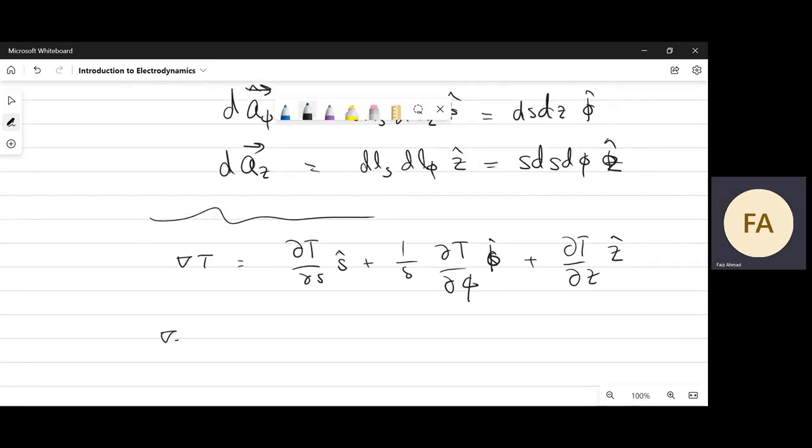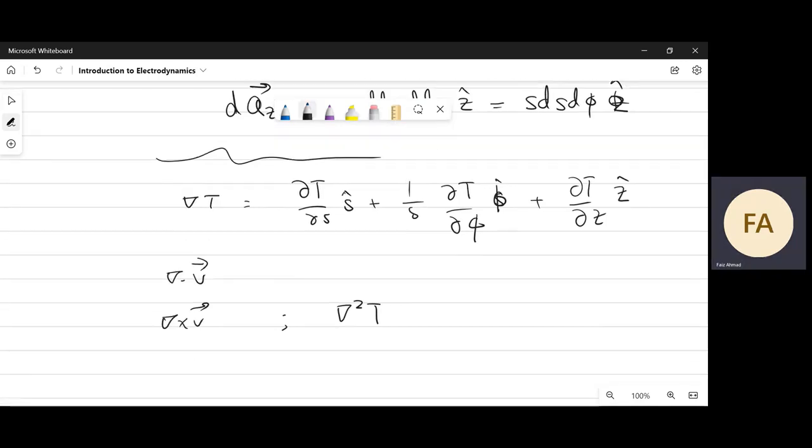Similarly, we can write the divergence and del cross v, and again these formulas are provided on the book cover, and we don't need to derive or memorize them.